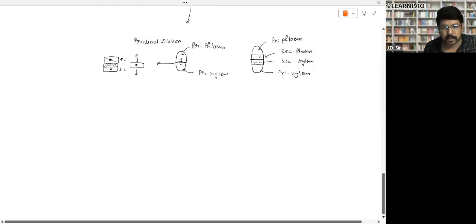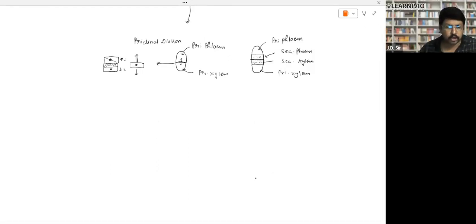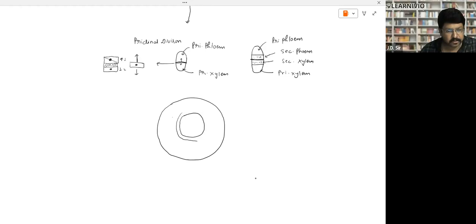Try to understand. I will make one more diagram. Then you have to note it down, right? So by this way, what will happen? Now, two layers have been added. What are those layers? At the center, the layer which is there is the primary xylem, right?